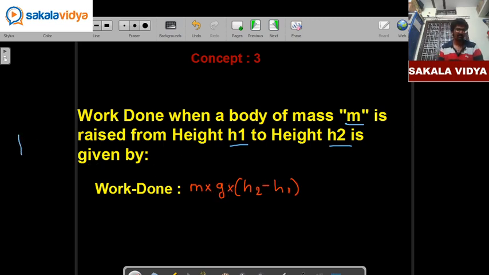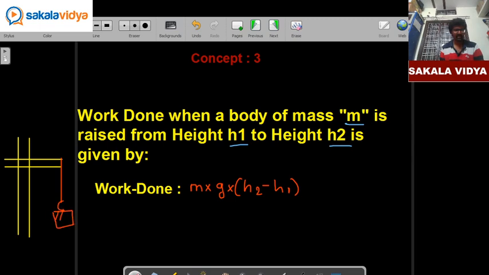For example, here we have a crane, which is going to lift some weight from the ground surface.